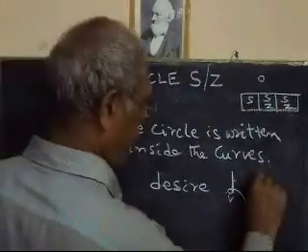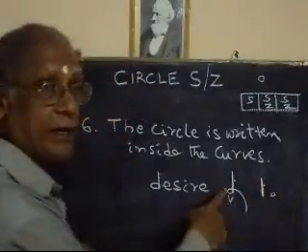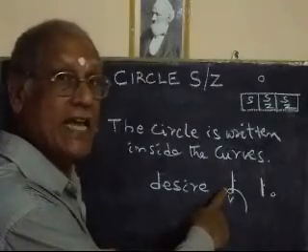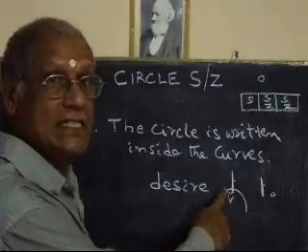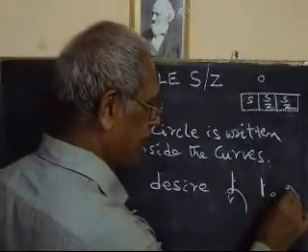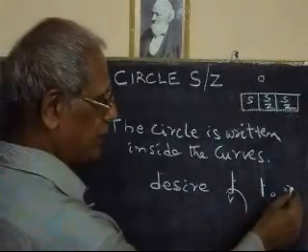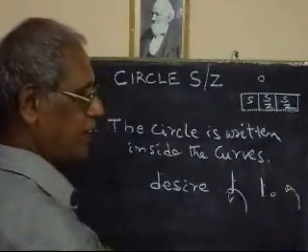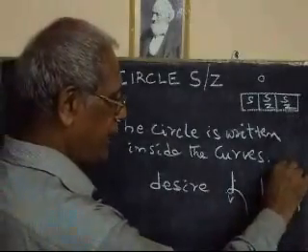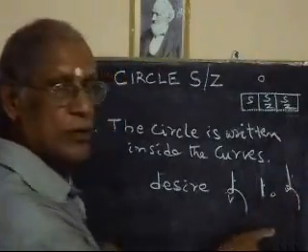Medially, the small circle represents S also. Suppose I. Now add a circle, because inside the circle, then write D. Desire. Okay, like this.